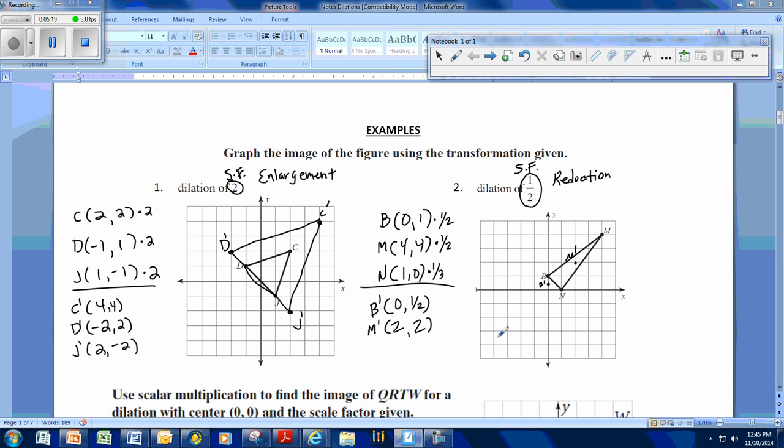There's M prime. And N prime would be half, whoops, sorry, this should be a 2. Half of 1 is, again, half. Half of 0 is 0. So half, 0 would be right there. So if I connect those, you can see that triangle has shrunk to half the size because the scale factor was half.